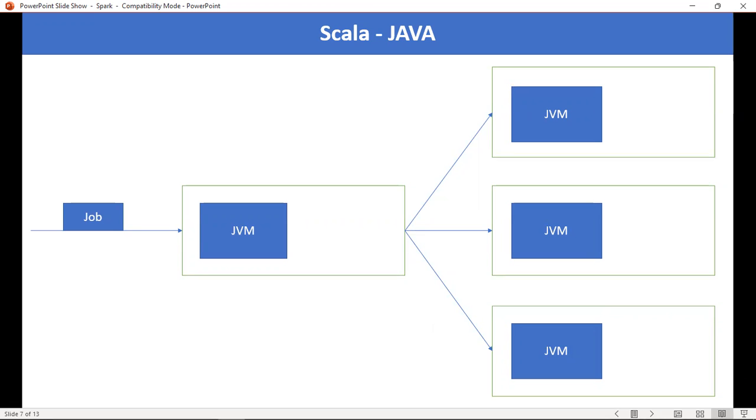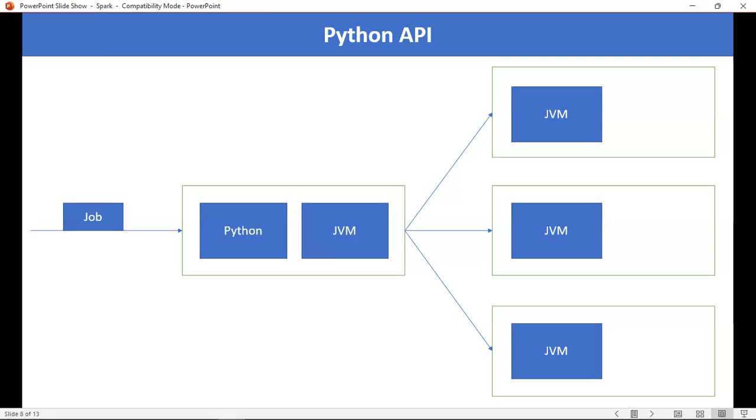The problem starts when you have a PySpark API on top of your base JVM languages, which is the second slide. Now let's talk a bit in detail about what this slide is about. So the user submits a job, it comes to the master, and here you see it is a PySpark job.